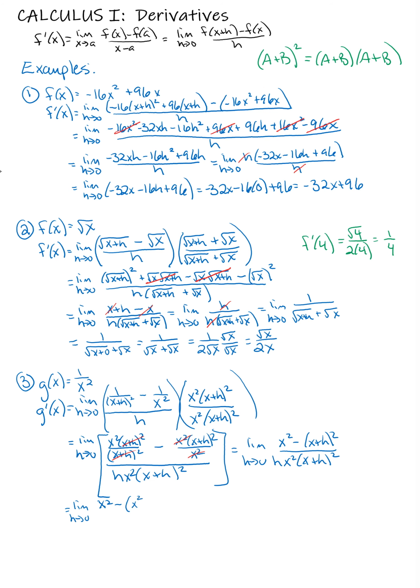That's x squared plus 2xh plus h squared. Which gives us x squared minus x squared minus 2xh minus h squared. Notice I just distributed that negative.